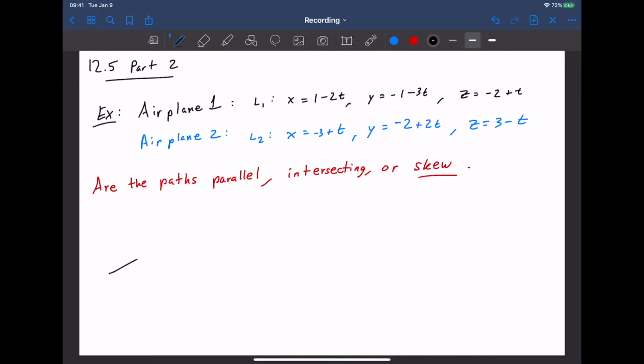I'm going to draw such an example now. Feel free to think about it. There are ways to hold your arms where they're never going to cross, but yet they'll never actually be parallel either. So here's our xyz. Say I have a line going way up here, running mostly in the y direction, but it's floating up there.